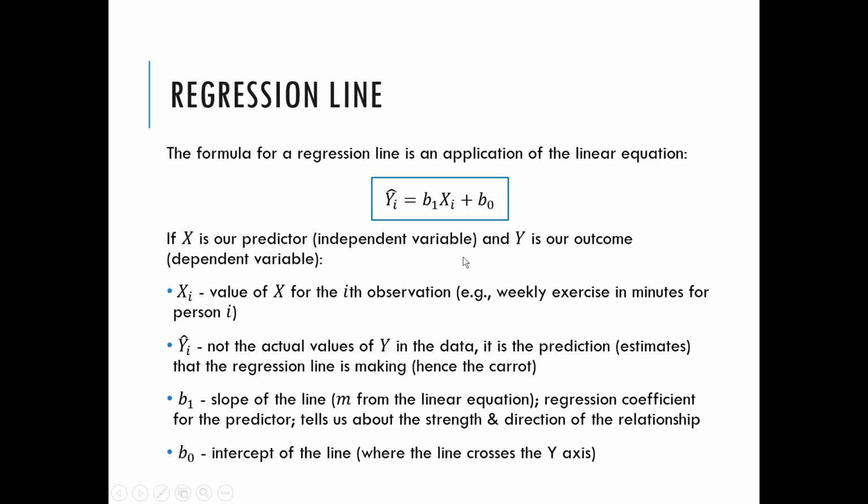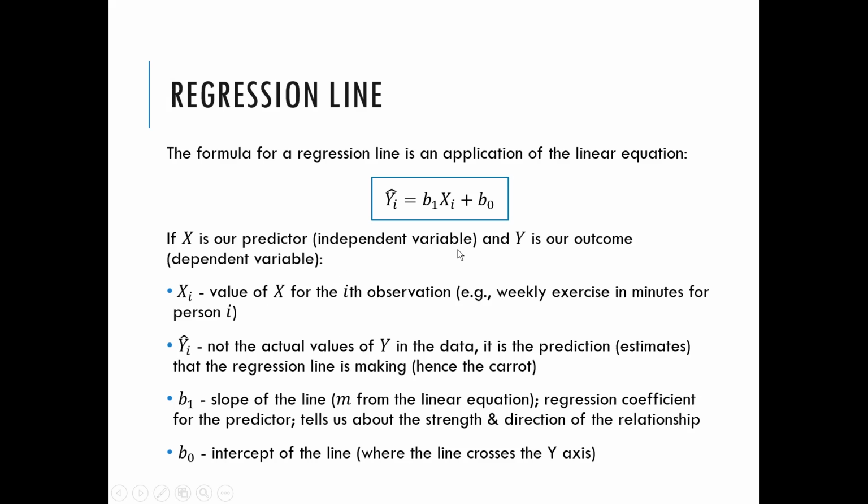I won't spend too much more time on the notation for this. Really the takeaway is that the regression line is just an application of the linear equation. So it has a y-intercept and the slope. And it's just trying to fit the best line by minimizing the error between the predicted line and the actual data points.